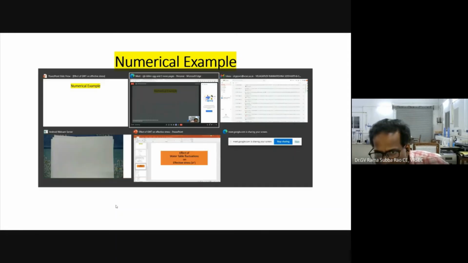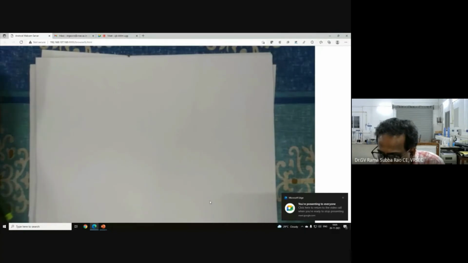Now we will discuss one numerical example about how to compute effective stress when the water table is at the ground surface. Let me show you a numerical example so that we will have a better understanding of this concept. I have a ground here. Now I'm going to draw the ground.